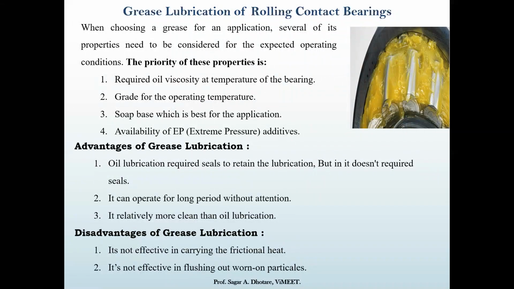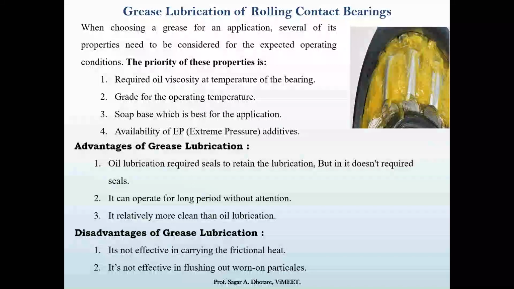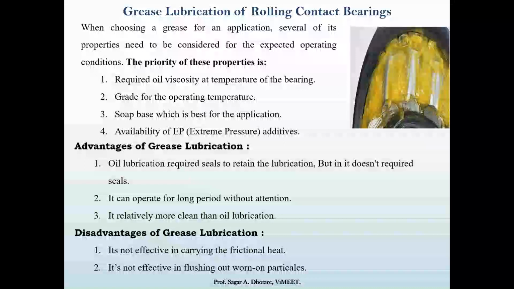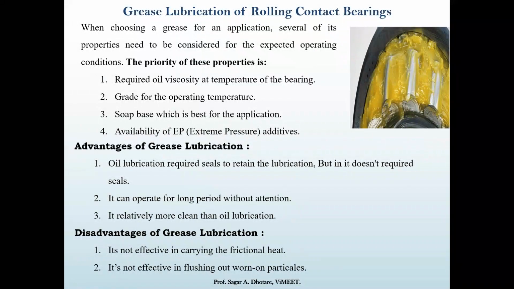So the properties of grease should be: it should require the oil viscosity at the temperature of the bearing, the grade of operating temperature, then the soap base which is best for the application, and applicability of extreme pressure additives. So these are some properties we have to consider in priority while selecting the type of grease.